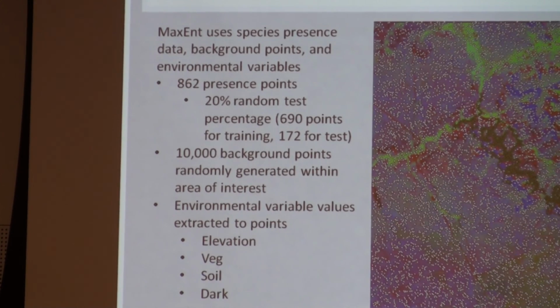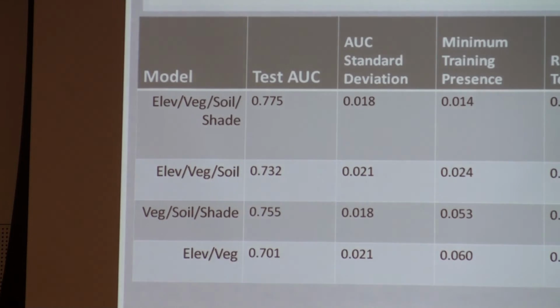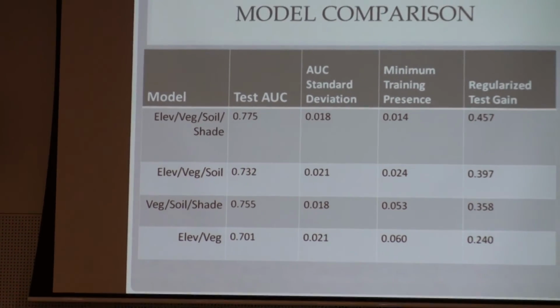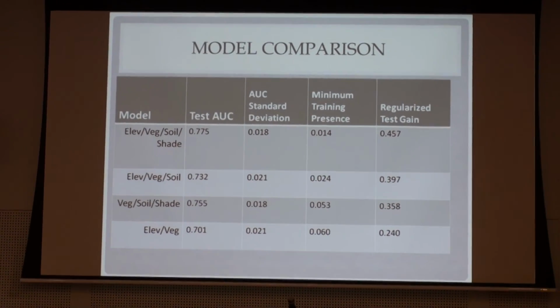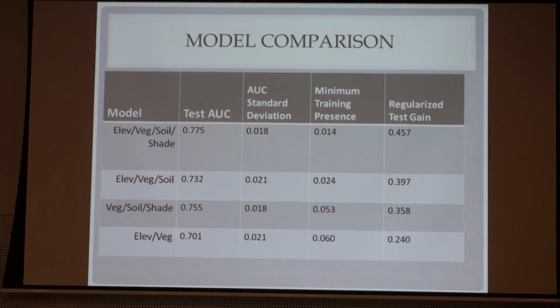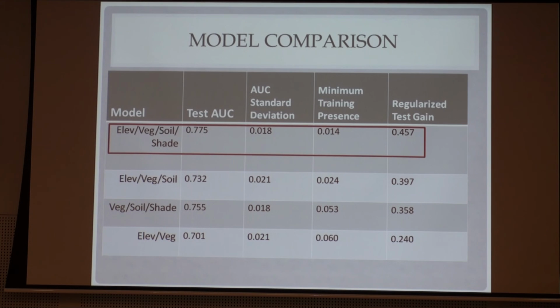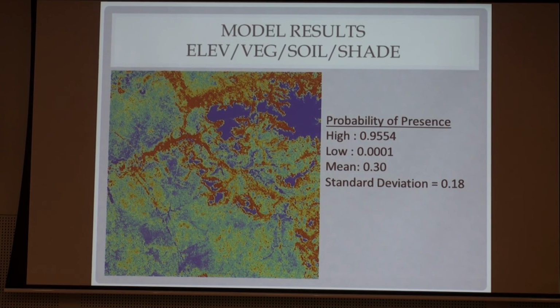And those are our inputs. We tested a variety of models, one including all 4 of those variables: elevation, vegetation, soil, and shade, and then fewer combinations of those variables. Our best model was the one including all of our variables, and that had the highest AUC value. I'm going to show you that in just a moment.